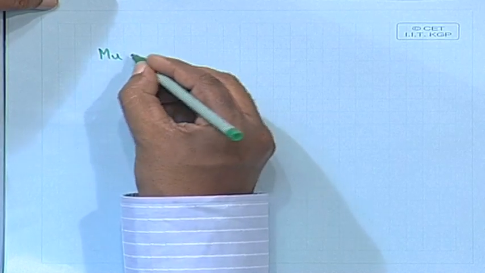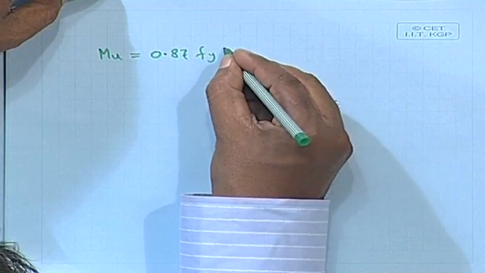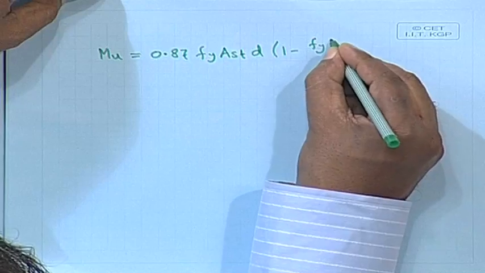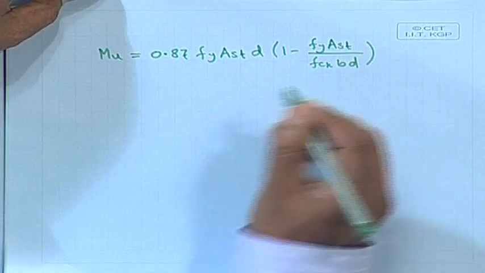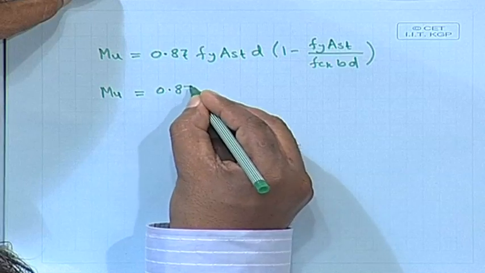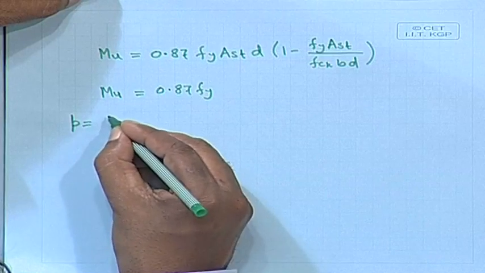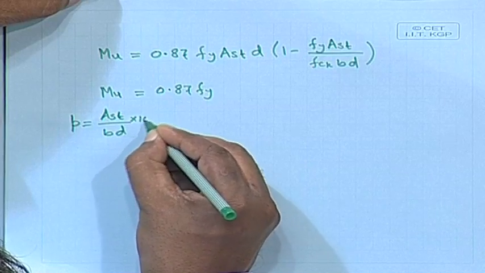Therefore, we can write down Mu equal to 0.87 Fy, P, that percentage of steel, I can write down as AST by BD into 100.